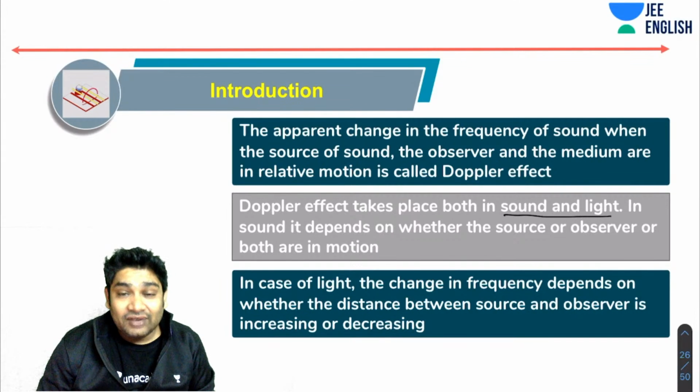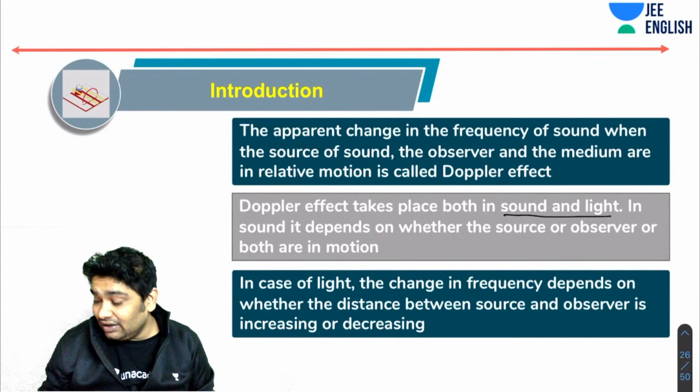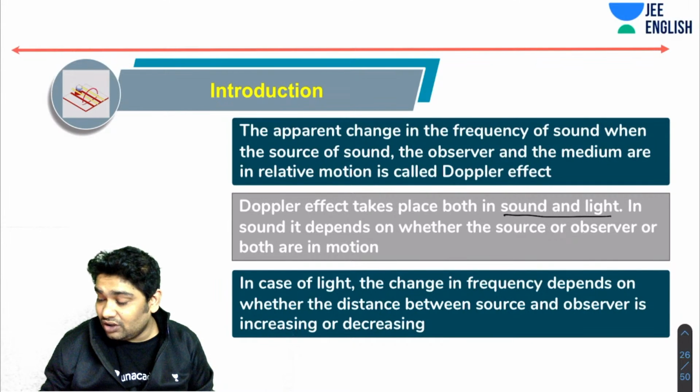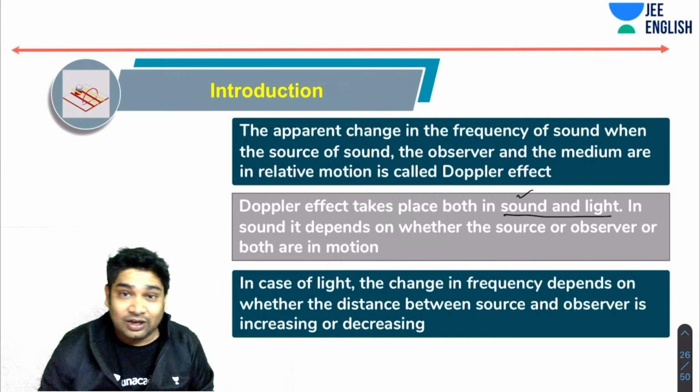However, in case of light, the change in frequency depends on whether the distance between the observer and the source is increasing or decreasing. Again, in our JEE syllabus, the light's Doppler effect is not there. We only have to focus on Doppler effect of sound.